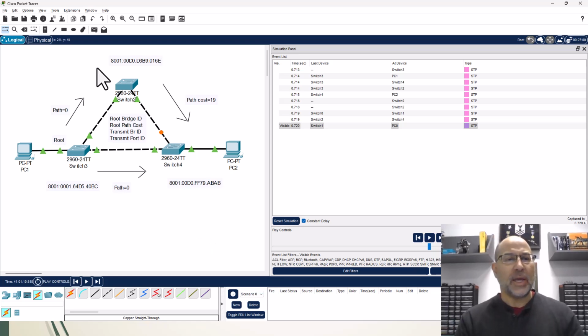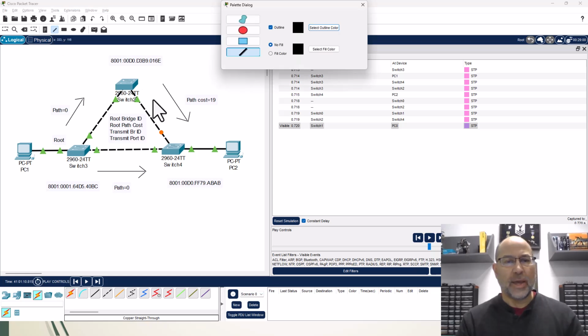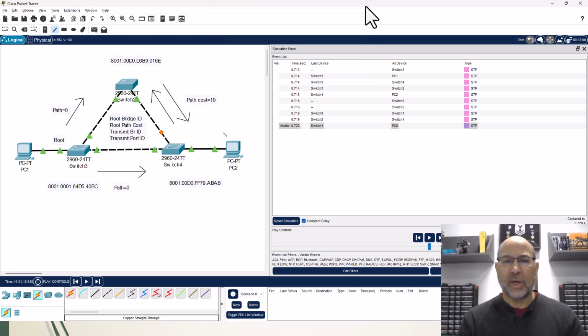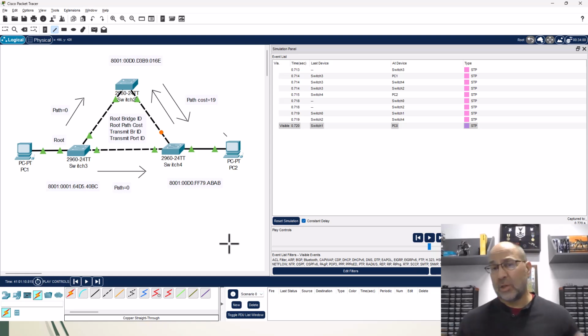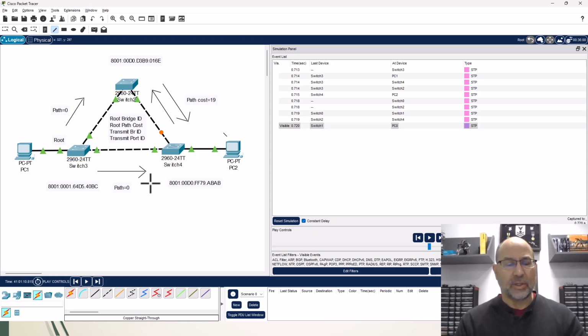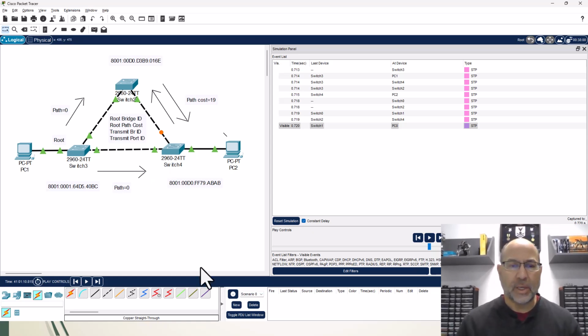Well, if we pretend that switch 4 would have sent a message to switch 2, what would the path cost have been? It would also have been 19 for the exact same reason, right? This transmit cost right here would be 19.